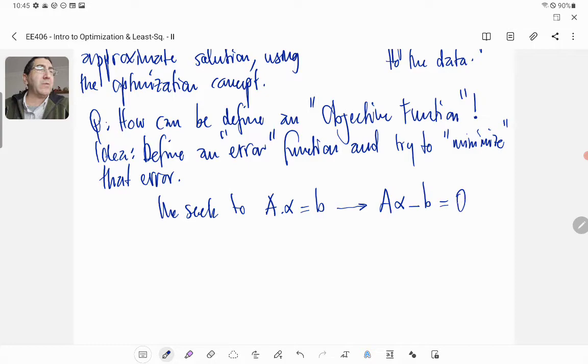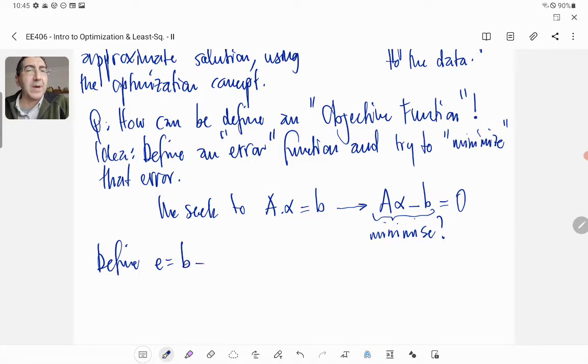But how can we solve this equation approximately? Well, if this is equal to 0 in the ideal solution, can we minimize this? Okay, because if we minimize it, it's going to be as close to 0 as possible. Okay, so we define the error as this difference, A alpha minus B or B minus A alpha.